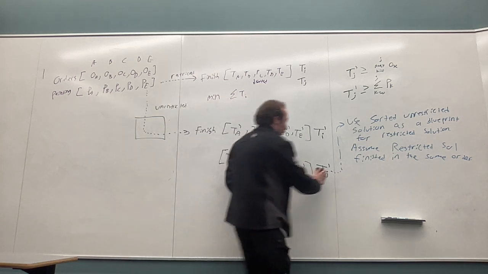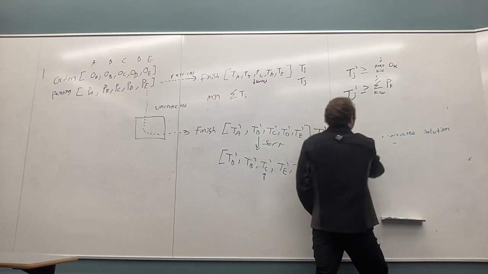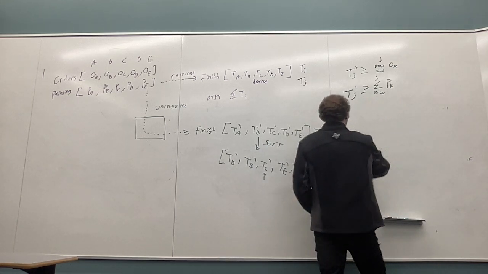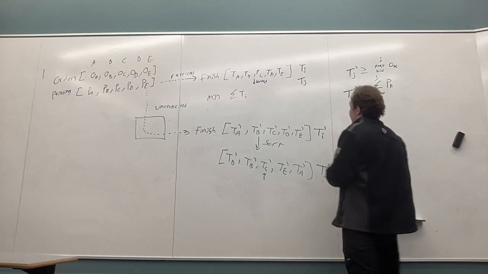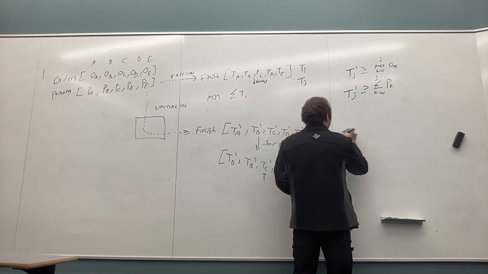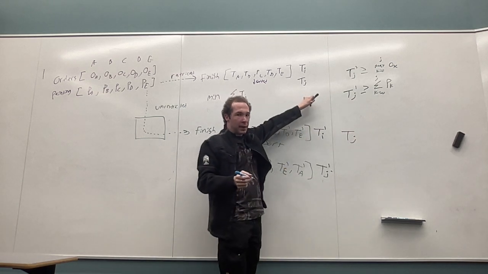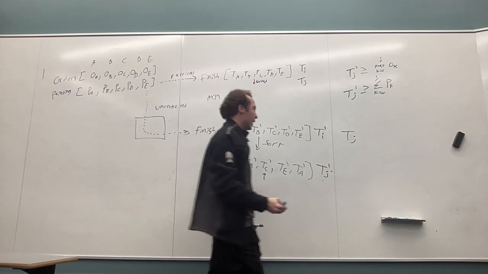So what can we do in this situation? Here's what we know. T_j: we're going to look at the jth thing we finished in the sorted list, in the restricted problem.